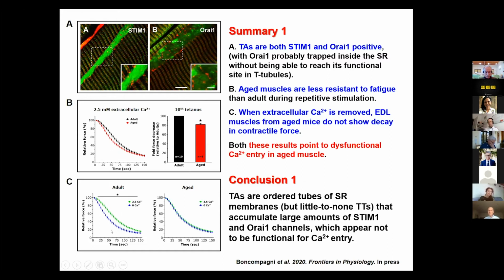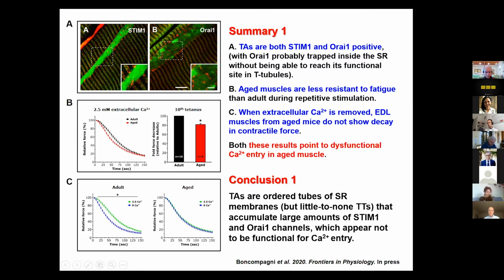But when extracellular calcium is removed, the decay in contractile force of adult muscles is much greater than in aged muscle. So this result points to dysfunctional calcium entry in the latter.